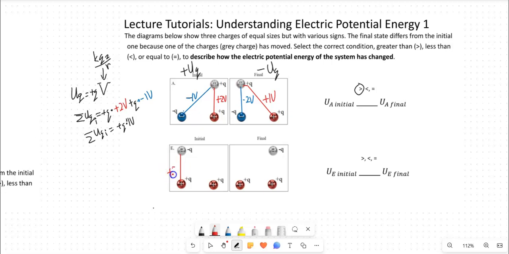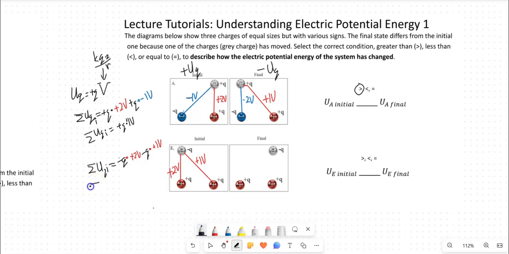So this positive charge is creating a positive 2 volts right on top of this negative Q. And this positive charge is creating a positive 1 volt right on top of that negative Q. Well, when you sum our potentials again, what we're going to have is a negative Q times a positive 2 volts plus the negative Q times a positive 1 volt.